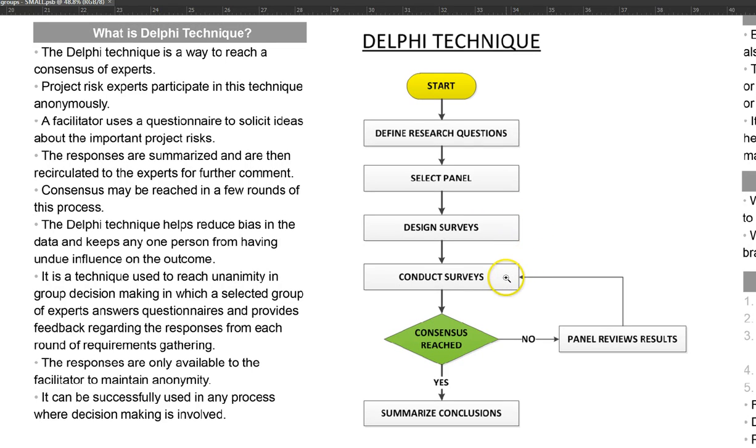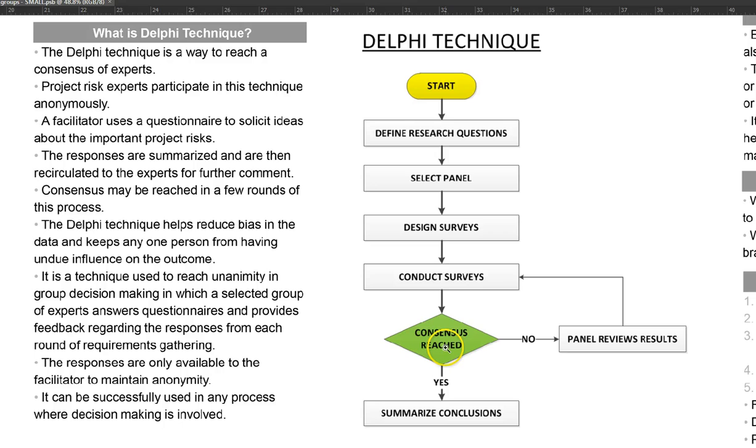Then the surveys are conducted. Once the surveys are conducted, the panel reviews the results and sees if the consensus is reached. If the consensus is reached, then they summarize the conclusions.